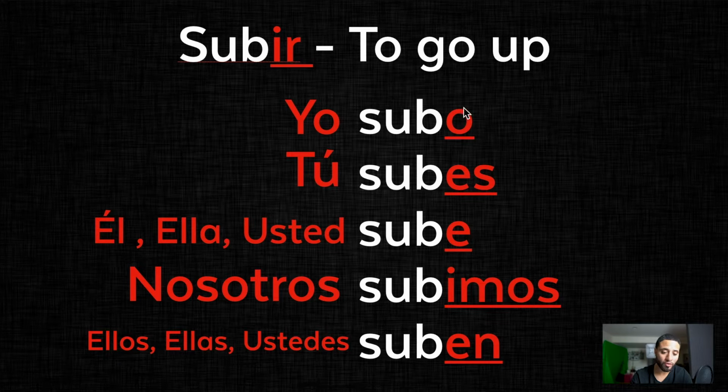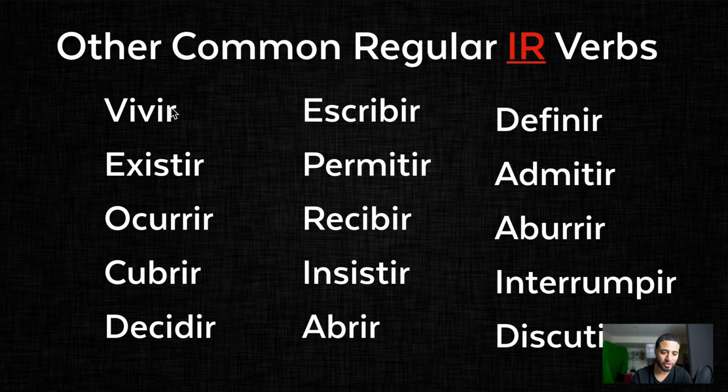So all regular IR verbs follow this same conjugation. Here are some other regular IR verbs. We have vivir, existir, ocurrir, cubrir, decidir, escribir, permitir, recibir, insistir, abrir, definir, admitir, aburrir, interrumpir, and discutir.